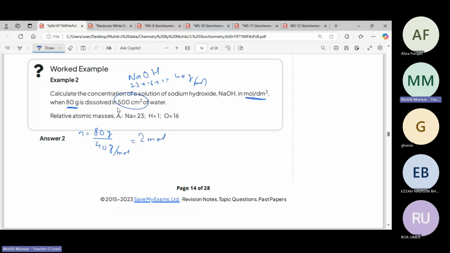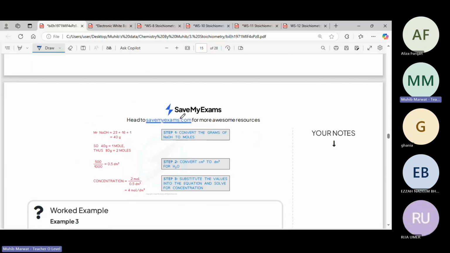Again, we have been given volume in cm3. We will have to convert this into dm³, and the answer will be 0.5 dm³. Now divide it. Concentration equals number of moles over volume in dm³. So moles are 2 and volume is 0.5 dm³, so the answer will be 4.